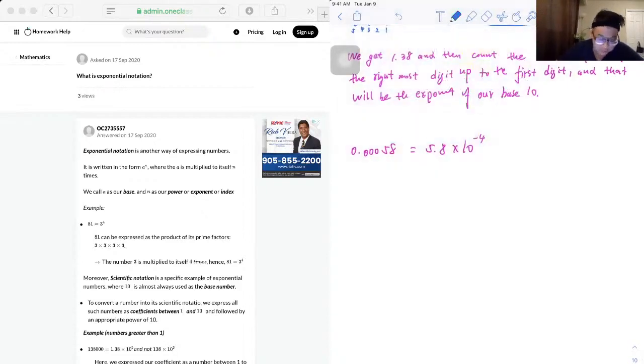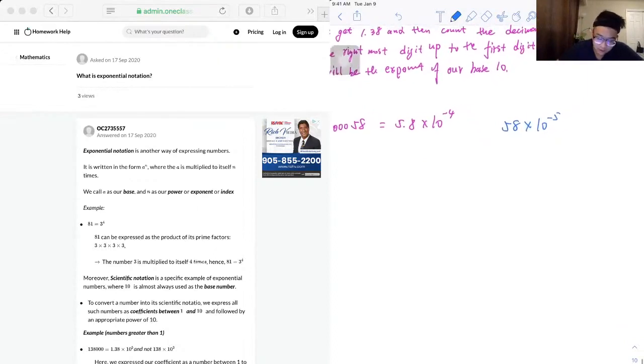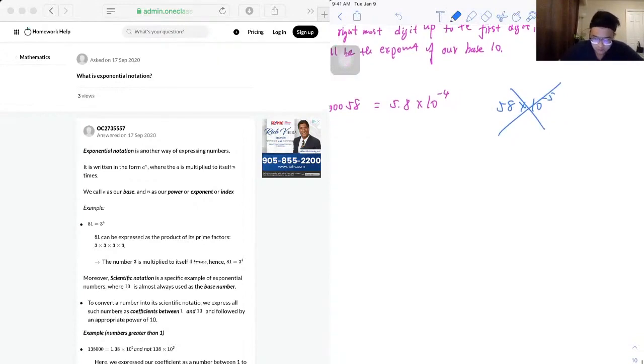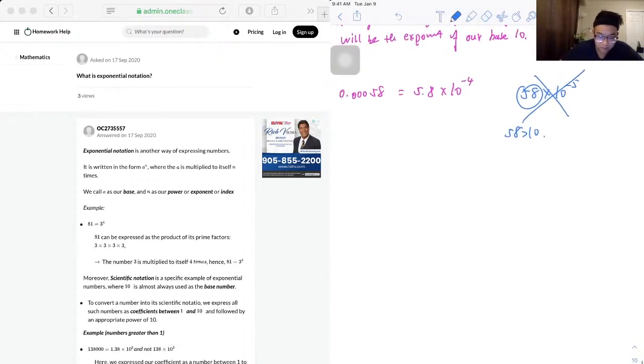If I got 58 times 10 to the exponent of -5, this is also not correct, since this part is greater than 10. We always need to make sure that the coefficient is between 1 and 10. Okay?